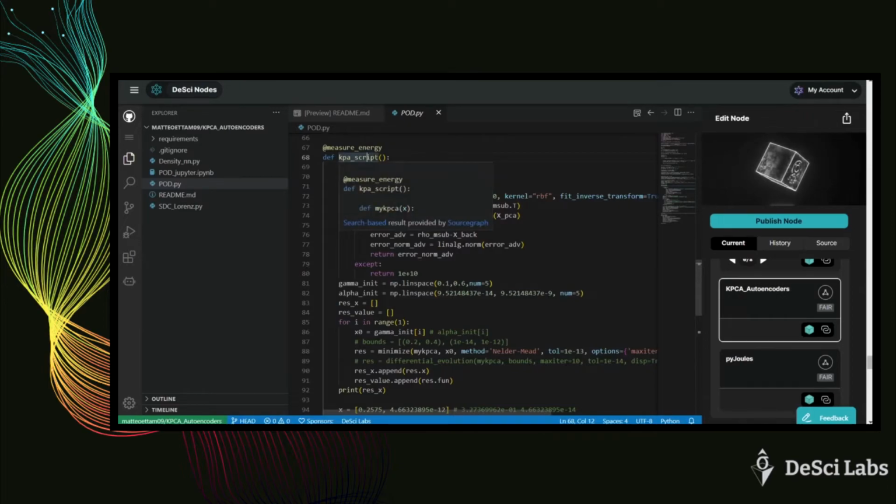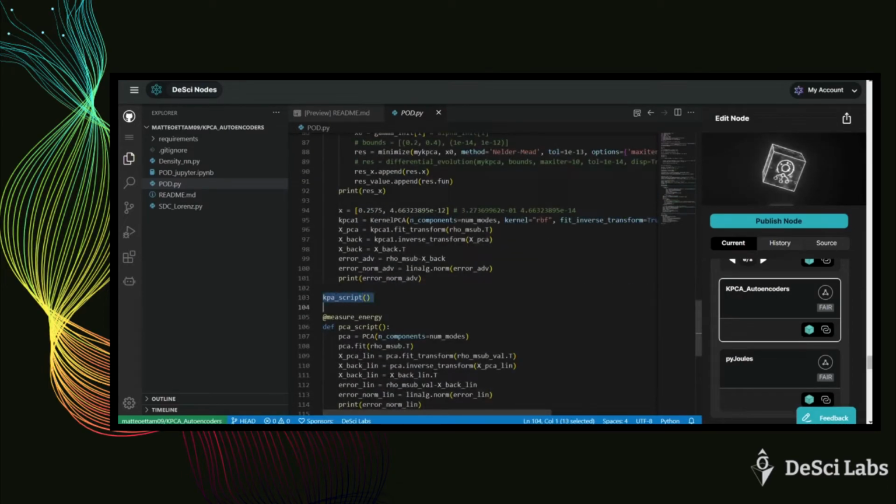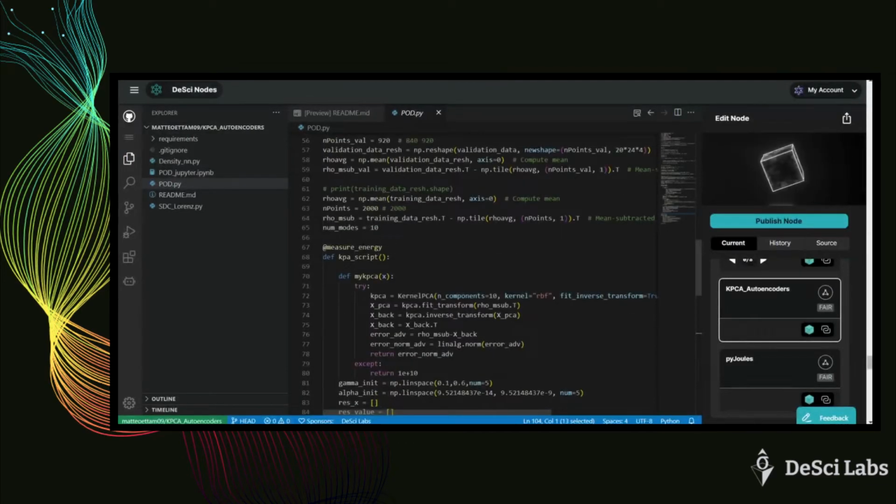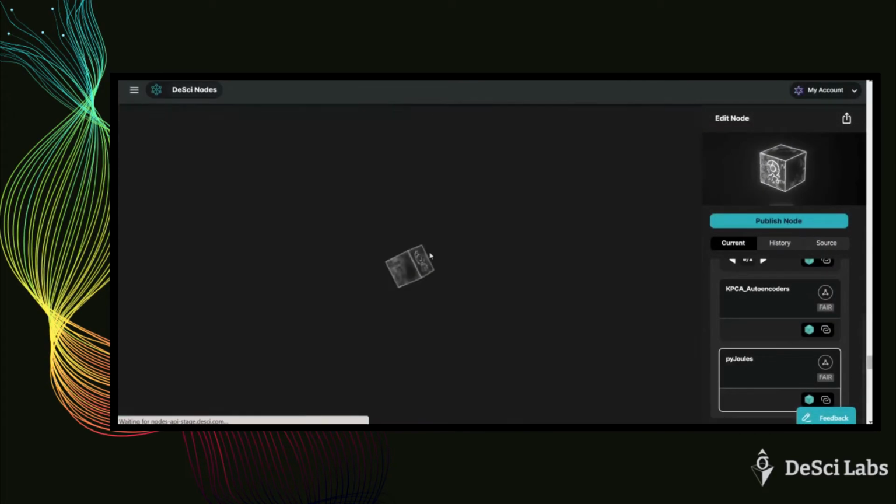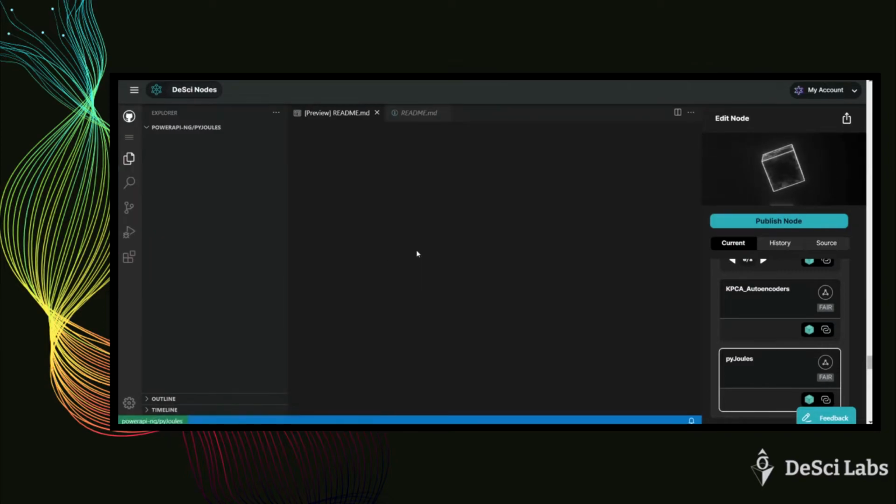Then it saves all the execution time, and based on some numbers that are introduced in this library, you can interpret it into the energy.